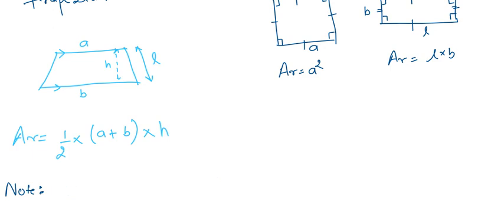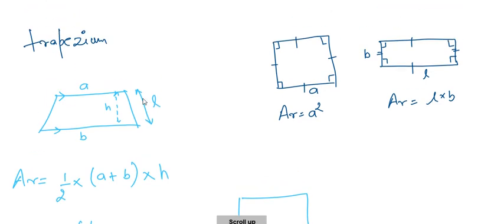My A and B must not be equal. Why would I say it? Because if they become equal, let's suppose a condition like this, I would get a rectangle. I won't get a trapezium-like figure. Okay, seems clear now?